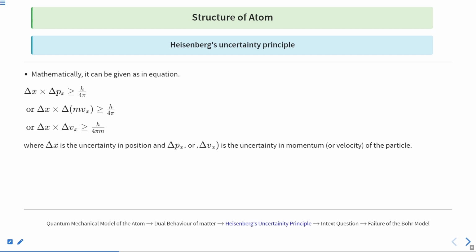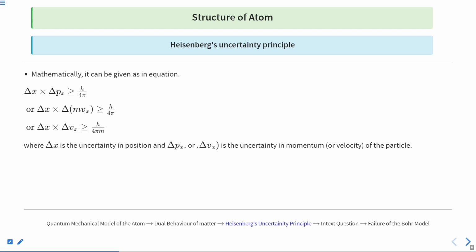Now this uncertainty is always greater than or equal to h by 4 pi, but it is never less than h by 4 pi. Now if you place the p value here, that is m into v, then you will get delta x into delta m v x. This m is also a constant, so that will give you delta x into delta v greater than or equal to h by 4 pi.